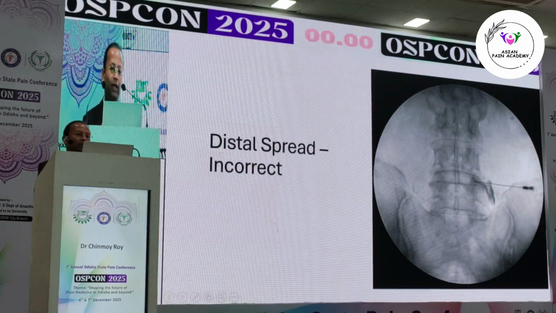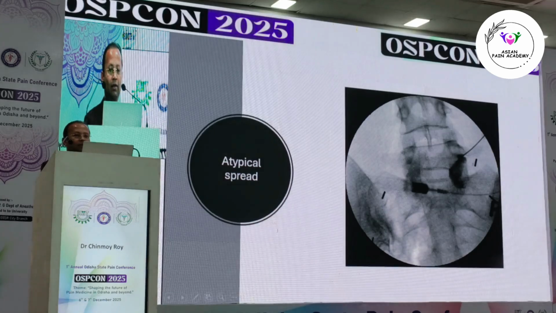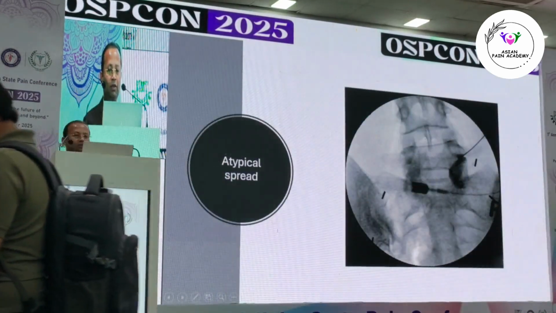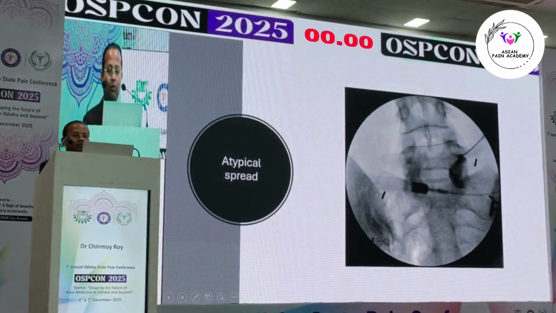We are not causing any complication here, but we are not getting a typical picture. In that case also we have to reposition the needle, otherwise the patient will not get relief, because the contrast is not going in the epidural space.